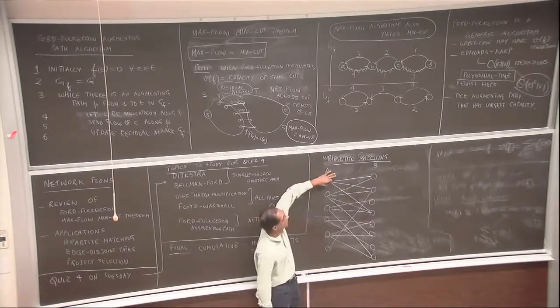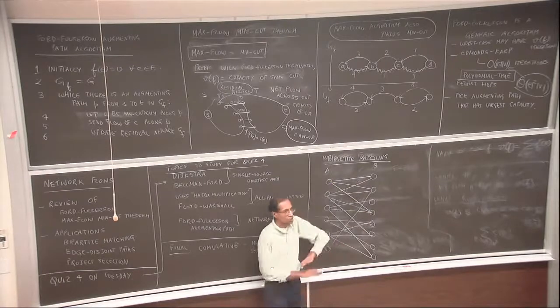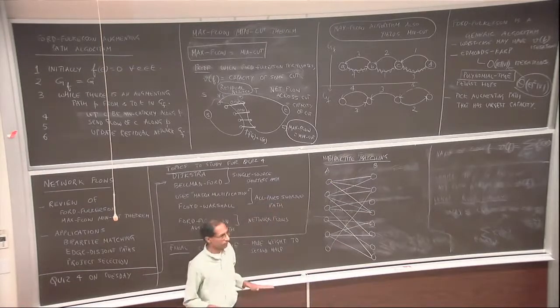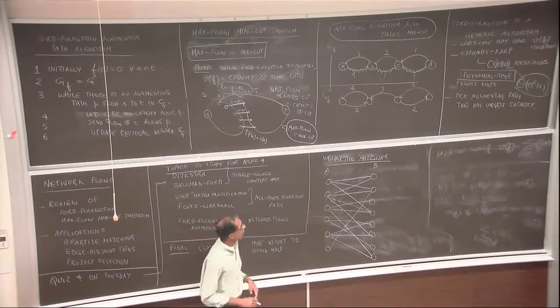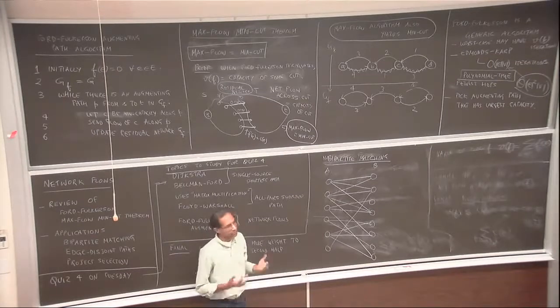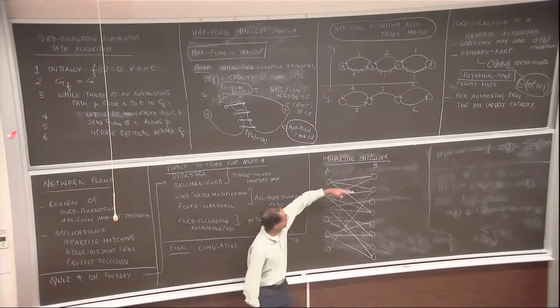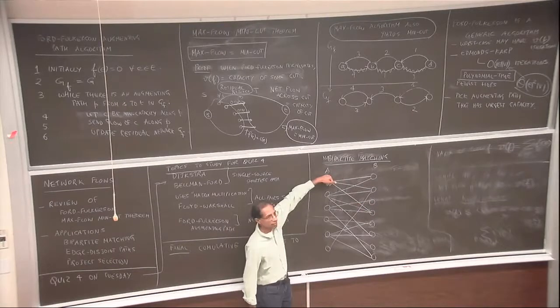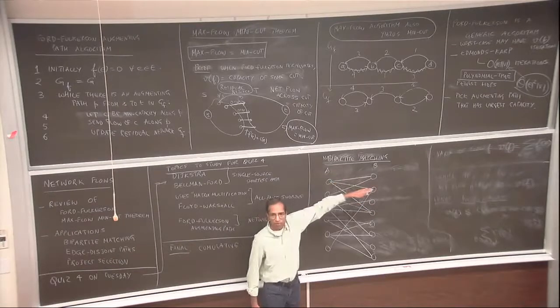So this vertex is willing to be matched to any of these three vertices, but should not be matched to any of the other vertices. Okay? What's a matching in this context? It's exactly the same. It's a set of edges such that each vertex on the left is matched to exactly one vertex on the right.